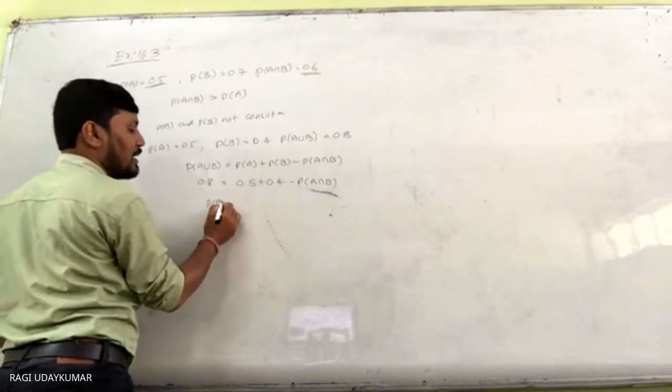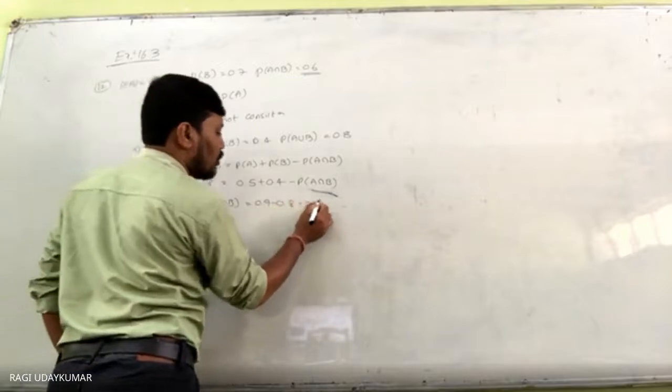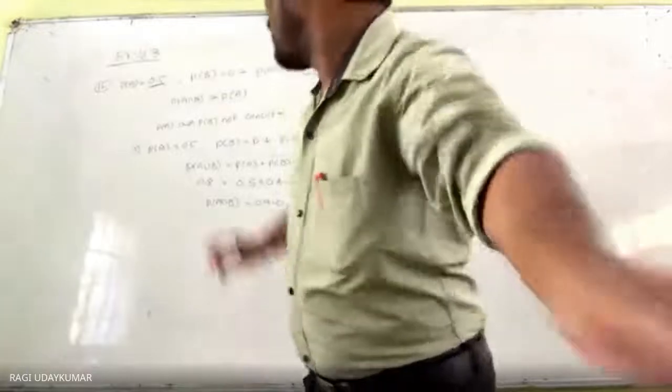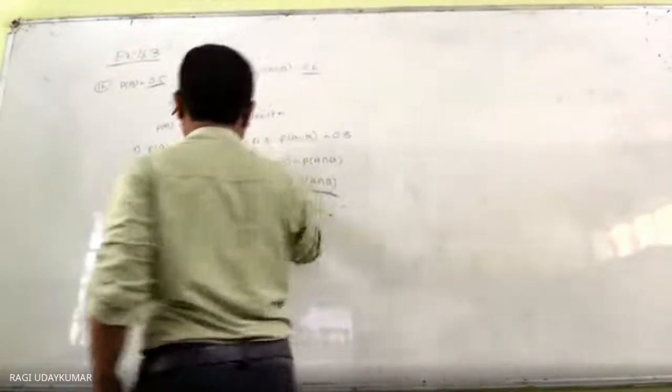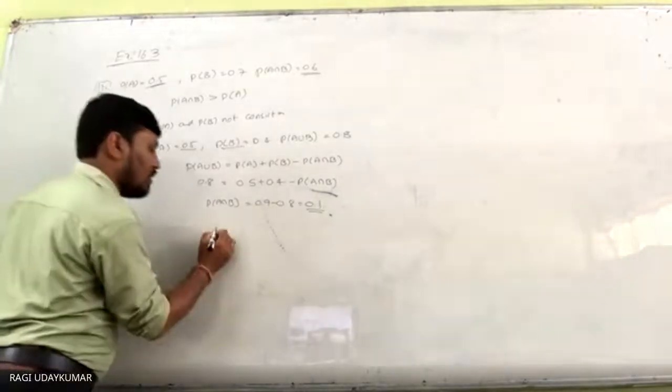So probability of A intersection B is equal to 0.9 minus 0.8, which is equal to 0.1, which is less than both probability of A and B. So therefore, probability of A and B are consistently defined.